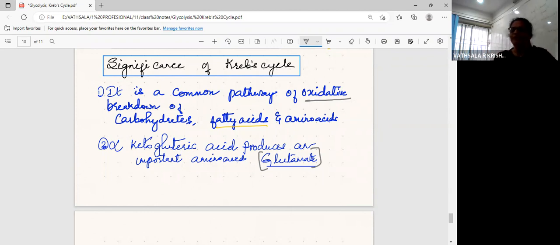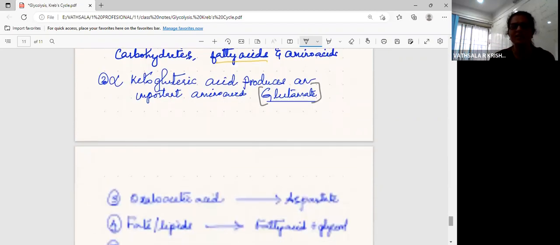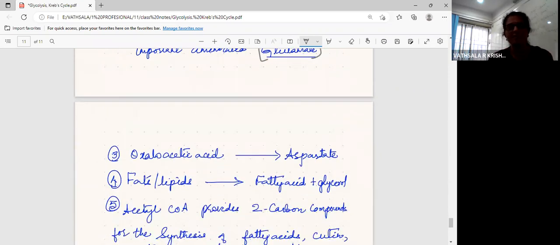Now, breakdown of the pyruvic acid is happening step by step to release carbon dioxide. So in this, from alpha ketoglutaric acid, what is formed? Glutamate. Glutamate or glutamic acid is an amino acid.